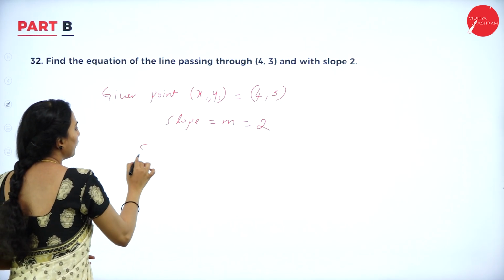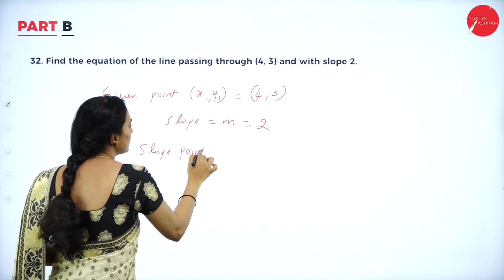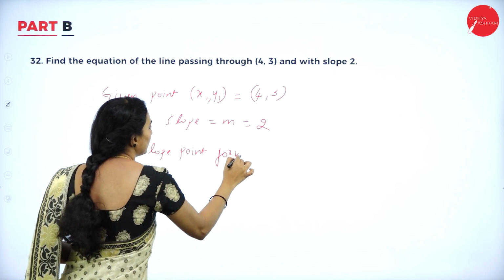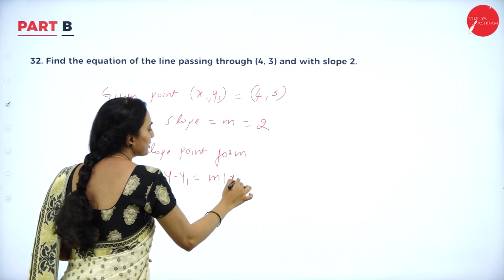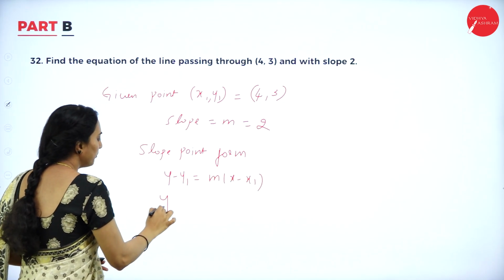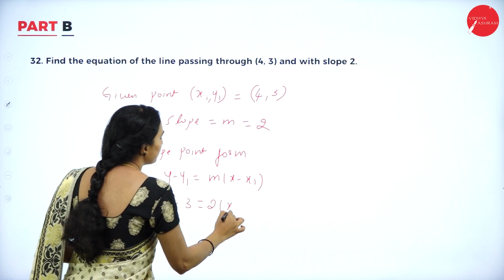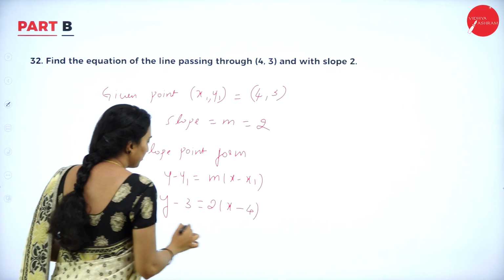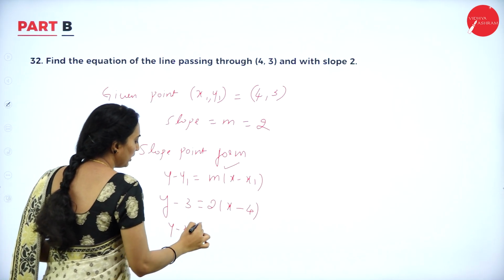So what is the slope point form? Slope point form is given by, this is a very important step, y minus y1 is equal to m into x minus x1. y1 is 3, m is 2, x1 is 4. So y minus 3 is equal to, writing this step and substituting is very important.